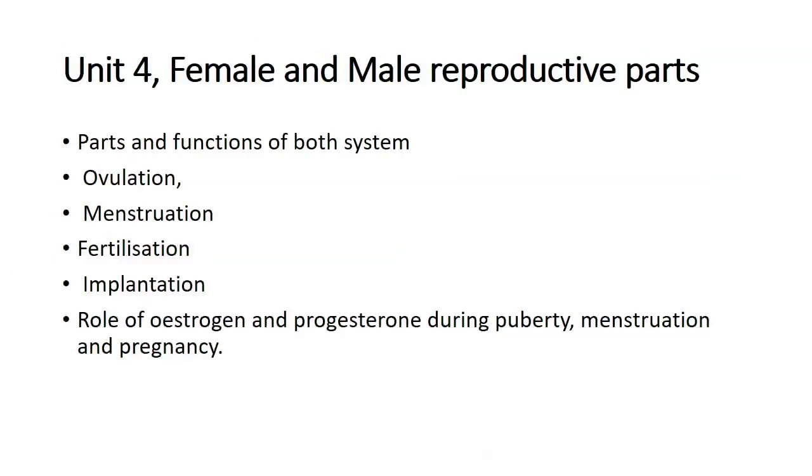Please, during pregnancy, estrogen and progesterone continue to play a major role. Progesterone maintains the uterus lining so that the woman does not menstruate during her pregnancy, and also to make sure miscarriage does not occur.